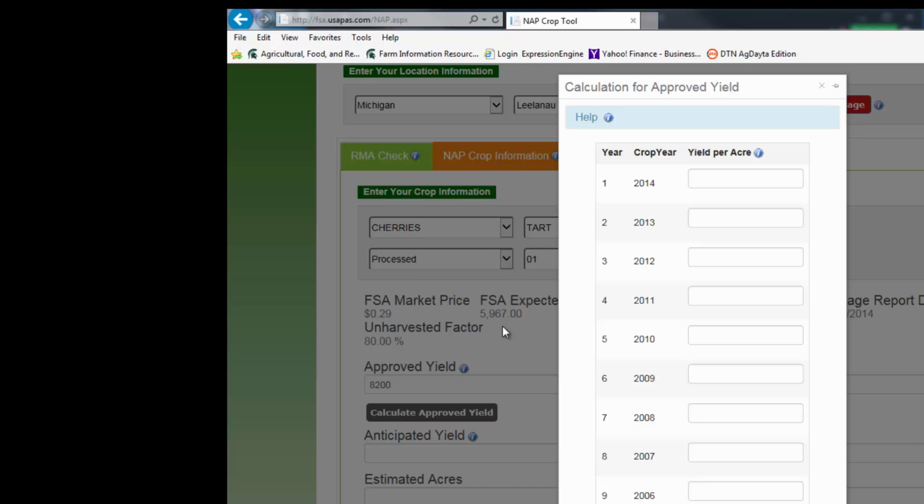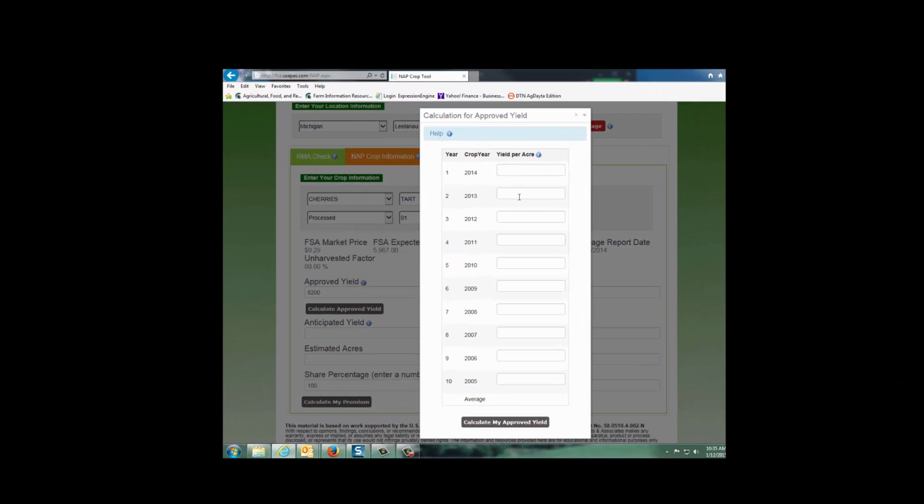If you have 2 years, and it's important that they be consecutive years, then the other 2 years would be filled in with 90% of the county expected yield. If the last 3 years are available and it's only 4 years ago that you are missing, they will plug in 100% of this county expected yield. So that's if you don't have your yield.